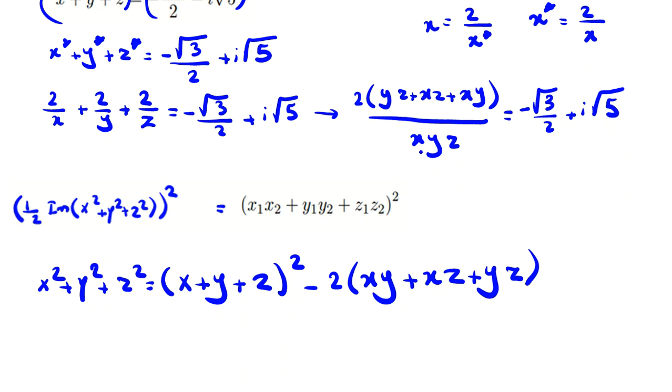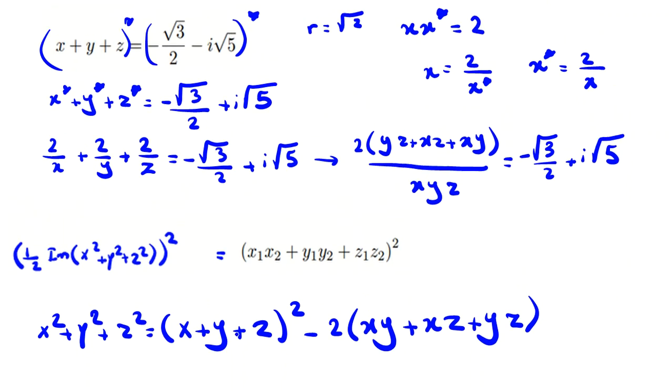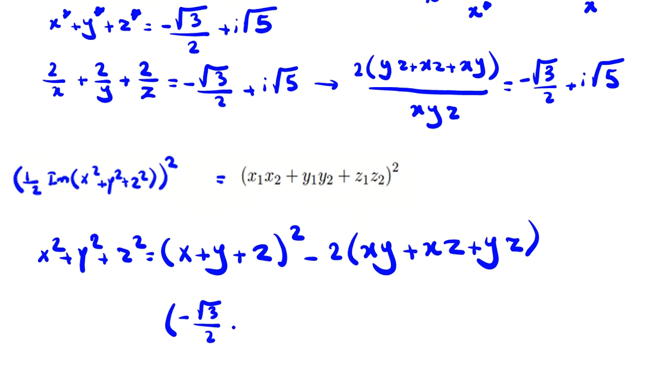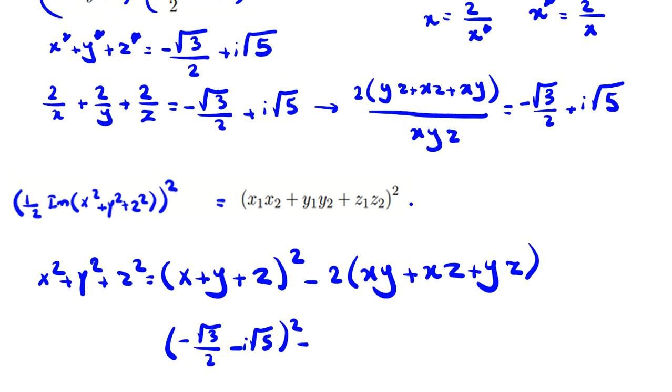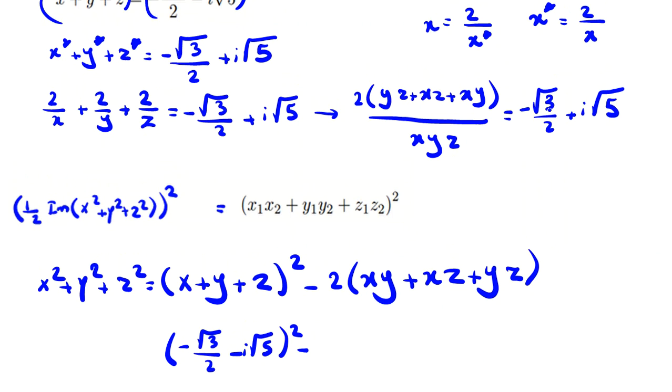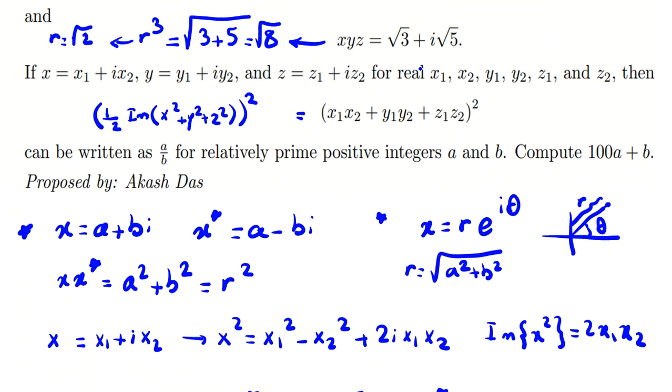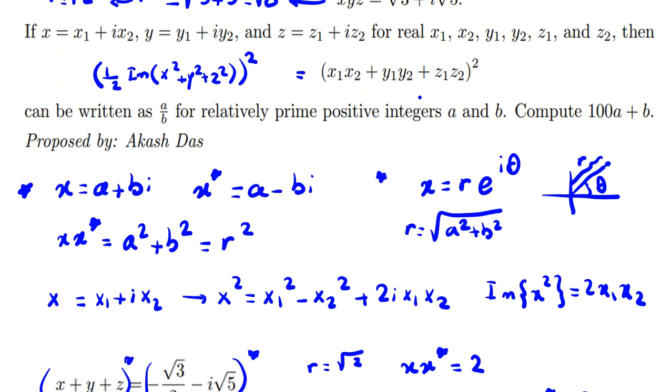here we want to replace x plus y plus z. It is what? Negative root 3 over 2 from here, minus i root 5, squared, minus 2xy, this one, it will be minus xyz times this. xyz is what here?